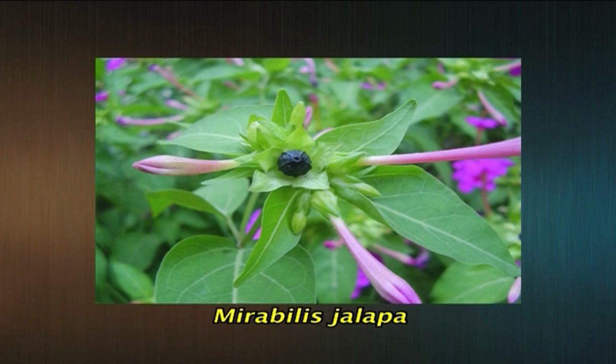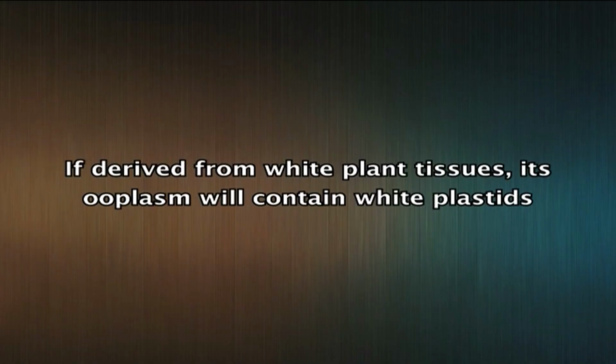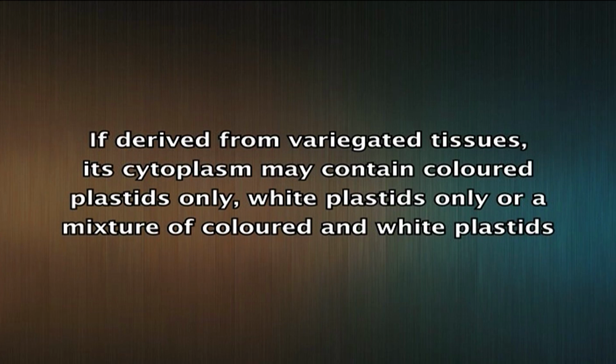A study of the egg during oogenesis in Mirabilis reveals that the ooplasm contains plastids like the cytoplasm of other plant cells. If the egg cell is derived from green plant tissues, its ooplasm will contain colored plastids. If derived from white plant tissues, its ooplasm will contain white plastids. If derived from variegated tissues, its cytoplasm may contain colored plastids only, white plastids only, or a mixture of colored and white plastids.